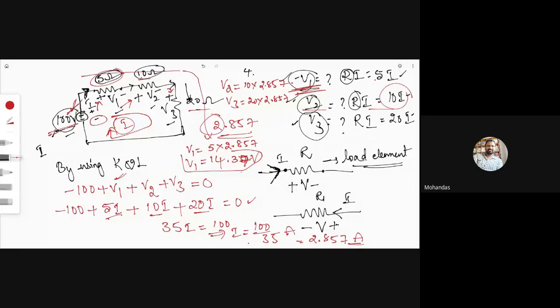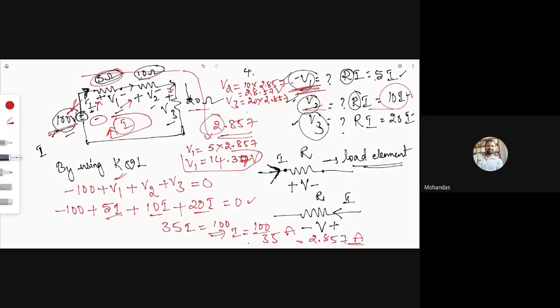I hope you are able to follow these things here. If anybody has any doubts, you can ask, because these are the basics. If you aren't able to follow these basics, the remaining things are very tough. That is the reason why I am teaching step by step here. What is the V2 value? 28.57.